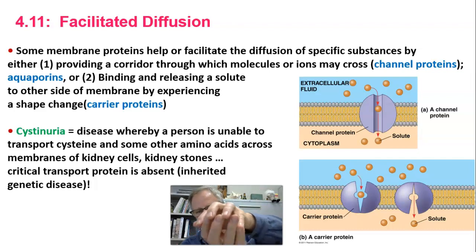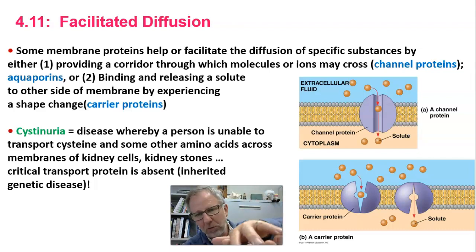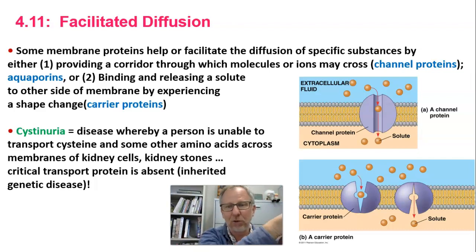So a substance attaches to a protein, and then the protein changes its shape and moves it to the other side. And so it's carrying it. That's why it's called a carrier protein. These are the two kinds of transport proteins involved in facilitated diffusion, helping substances get across from high to low concentration because they cannot cross the phospholipid bilayer.